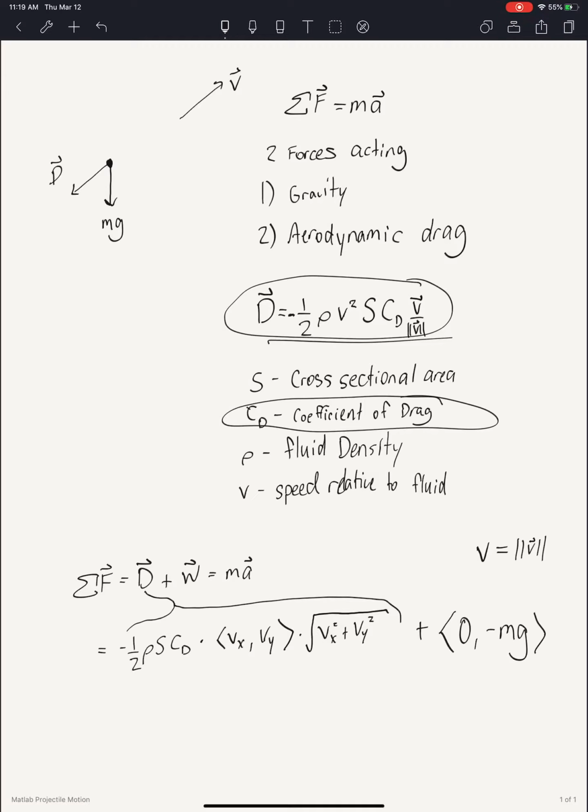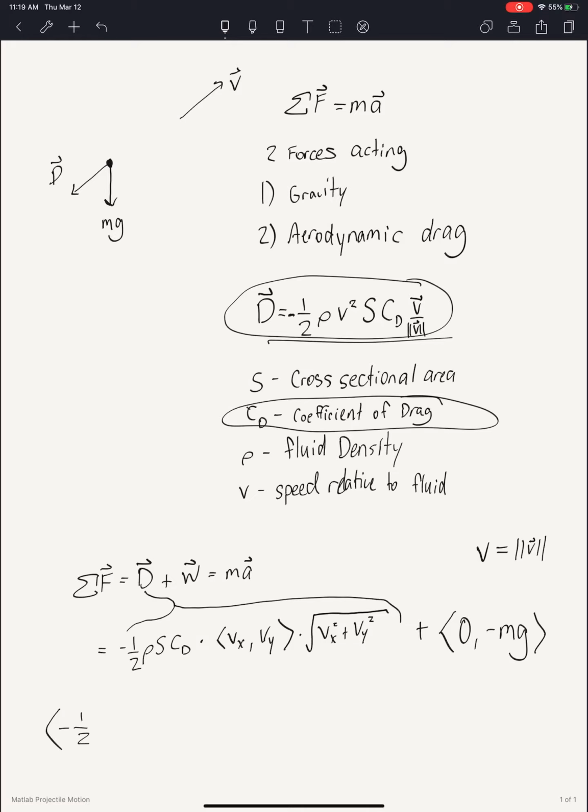If I write this all in components, I have the following vectors.